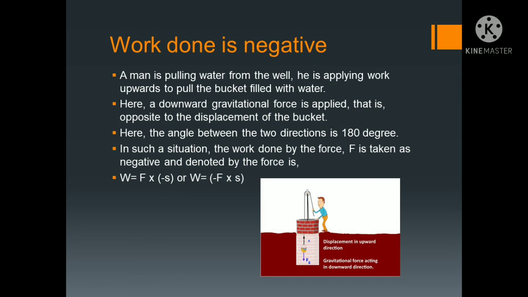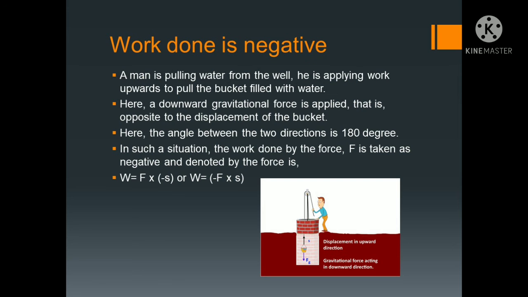Suddenly, what happens if the rope of the bucket slips from your hand? It will fall down due to the gravitational force of the earth. So there is also a downward gravitational force applied, and that is opposite to the displacement.